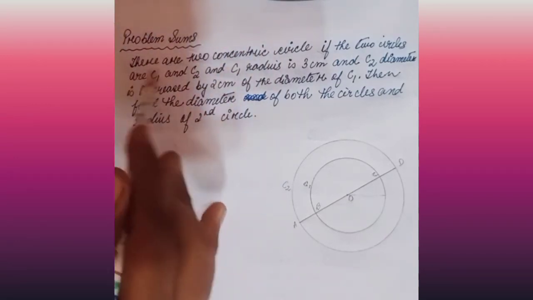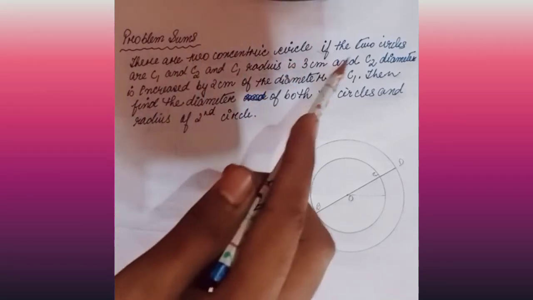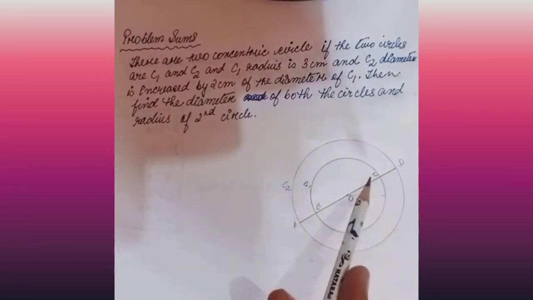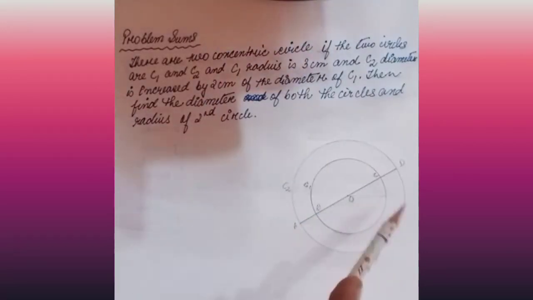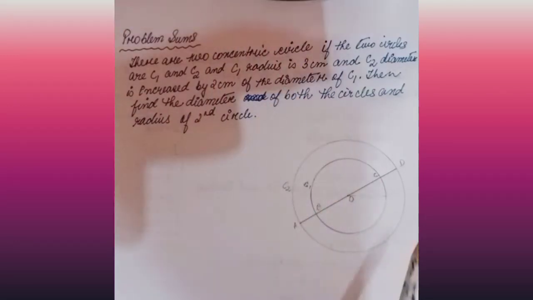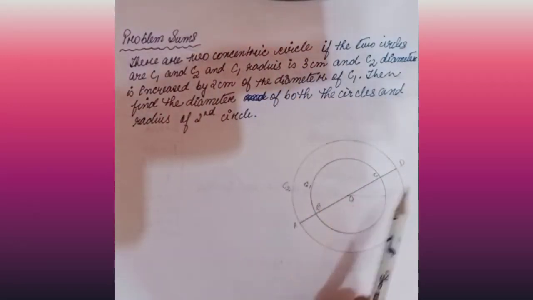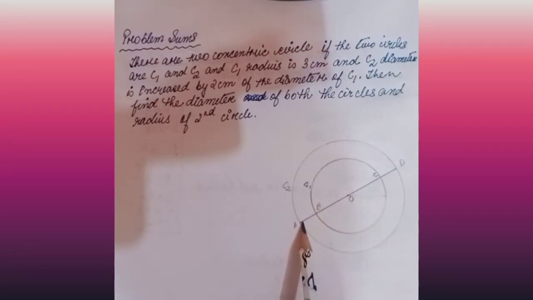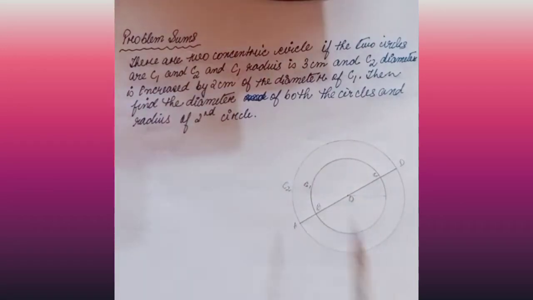So what he said: there are two concentric circles, C1 and C2, so we have drawn two concentric circles. It's necessary that if the diameter of both the circles is given, then you draw a straight line, because the diameter of the second circle will always be a straight line, so no problem.